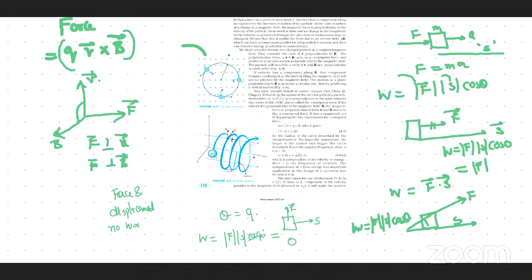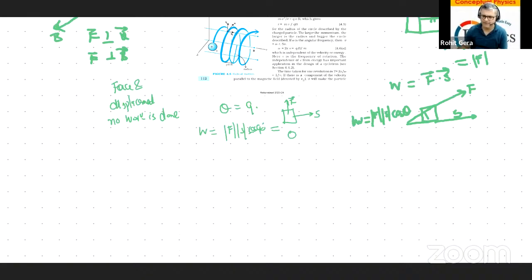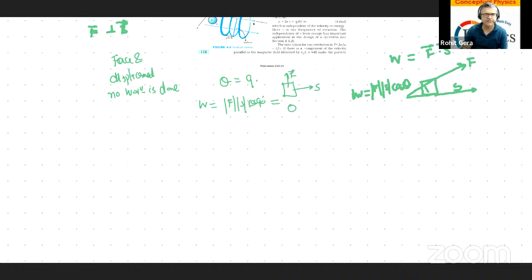If no work is done, then you are not transferring work to the body, and therefore the body does not accelerate. Example: a man is carrying 50 kg on his head, and he carries this 50 kg on the ground to a distance of 100 meters.